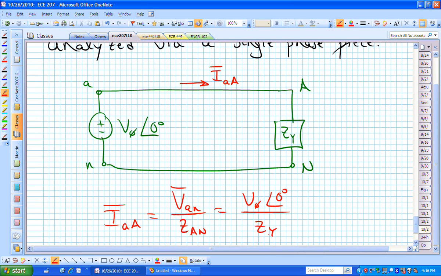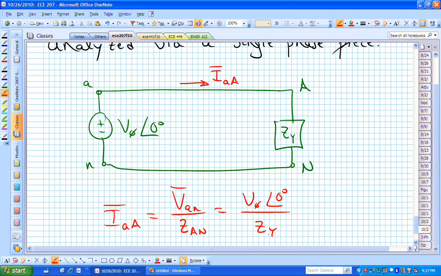Current lags, that's good. If I said, give me a load that is inductive, what would you give me as far as an expression for Z sub y? You would say j omega L. Oh, but I wasn't very clear. I'm assuming you have some real component, so you would say R plus j omega L, right?